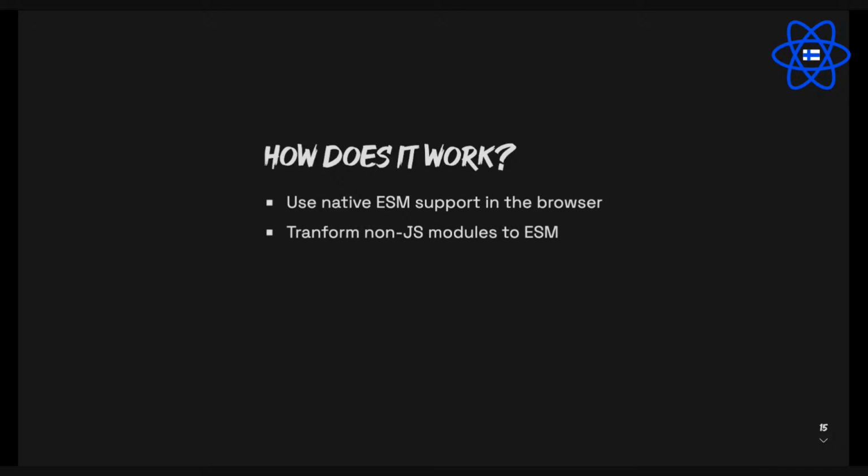I will use non-JS modules, non-ESM modules, by transforming them. It means that each time I have a dependency that is not available in an ECMAScript module format, the tool will transform it to be ready to use in the browser as ESM, using the cache policy of the browser.